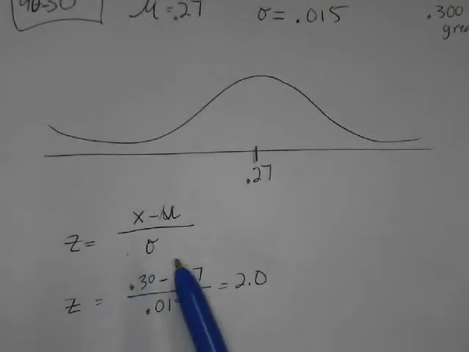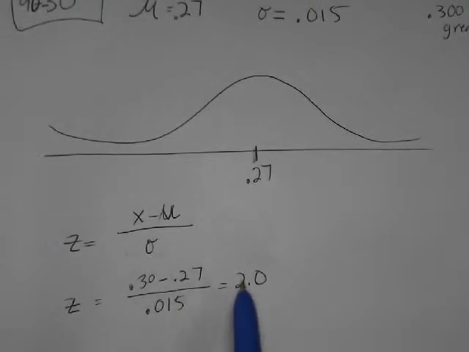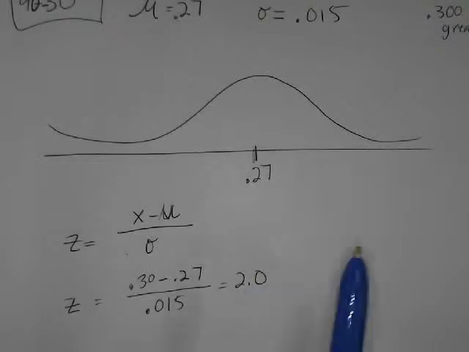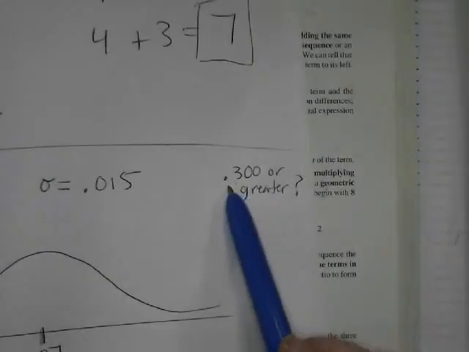You use this little formula and you plug the numbers in. I actually already plugged the numbers in. X minus mu divided by standard deviation. And I got 2.0, and then remember you look it up in the table.